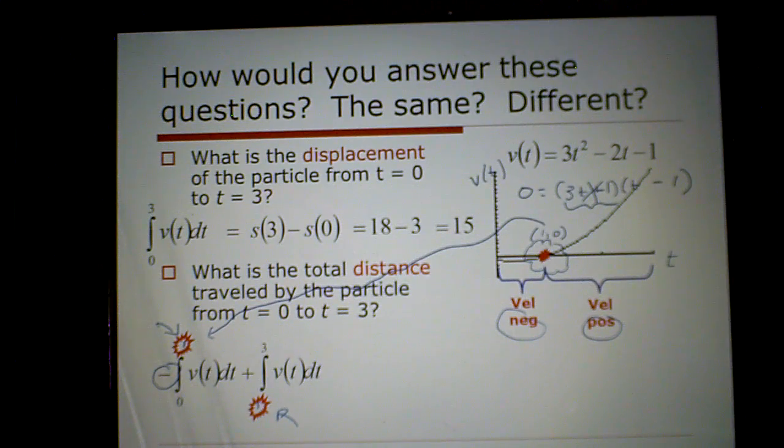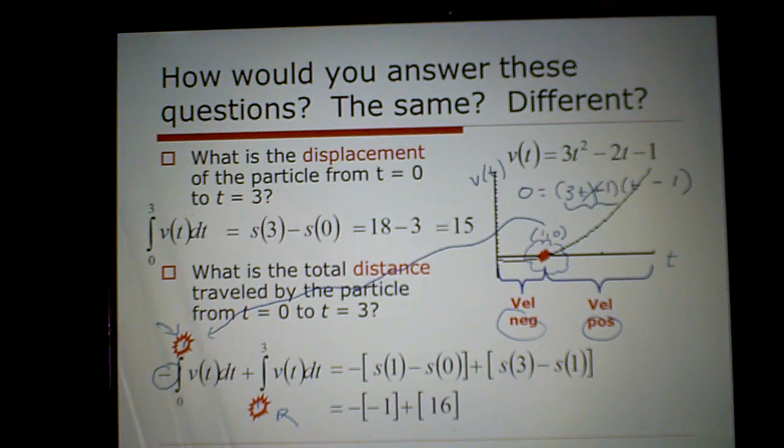I'm going to get more than 15. So if I didn't have a calculator, I take the opposite of the second fundamental theorem plus the second fundamental theorem, and I get 17 units, which is more than the 15 displacement units, because displacement just wants to know where you ended up.